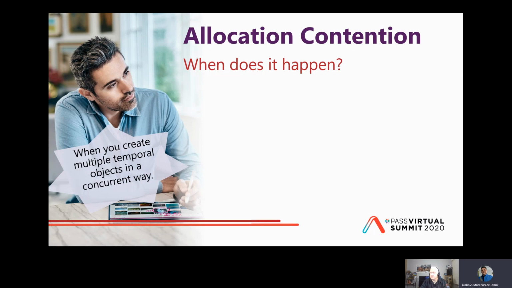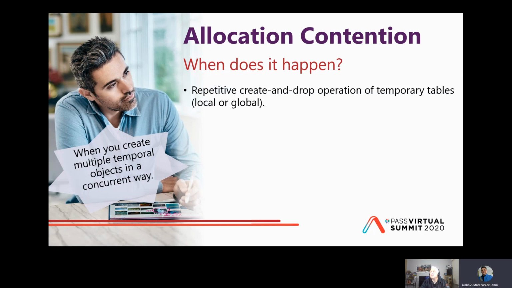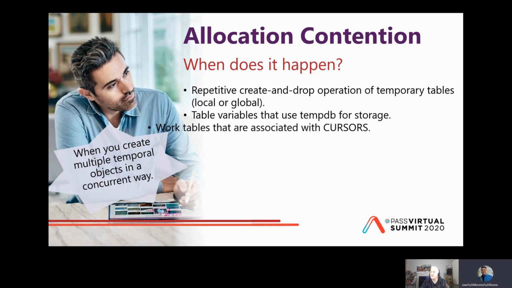That's why we create several threads against our cores. So when you have repetitive create and drop operations on temporary tables, it doesn't matter if they are local or global, you will see this kind of allocation contention. Also, when you have table variables that use tempdb for storage, you will see it.